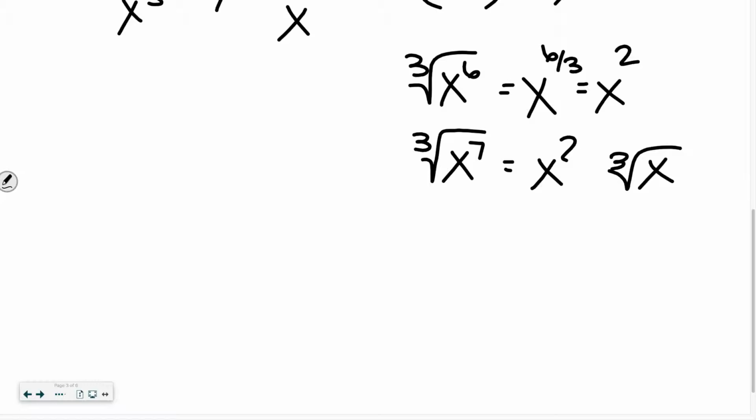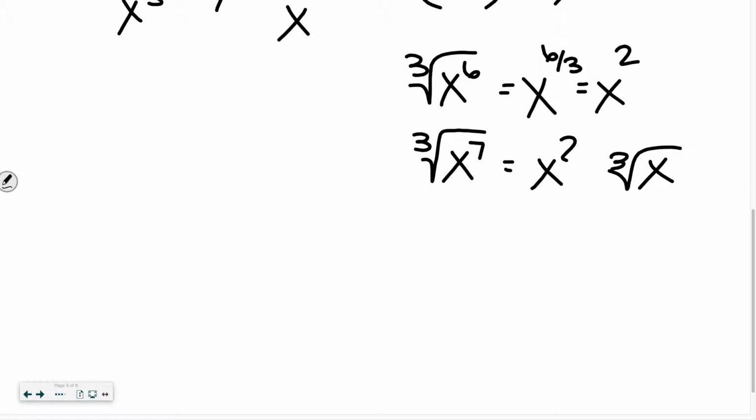So you divide, and however many times you can get 3 into 7, that gets to come out. So we can get it in twice, but what's the remainder when you do 7 divided by 3? 1. So 1 remains inside. Okay, good. Anything else you remember for properties of exponents?